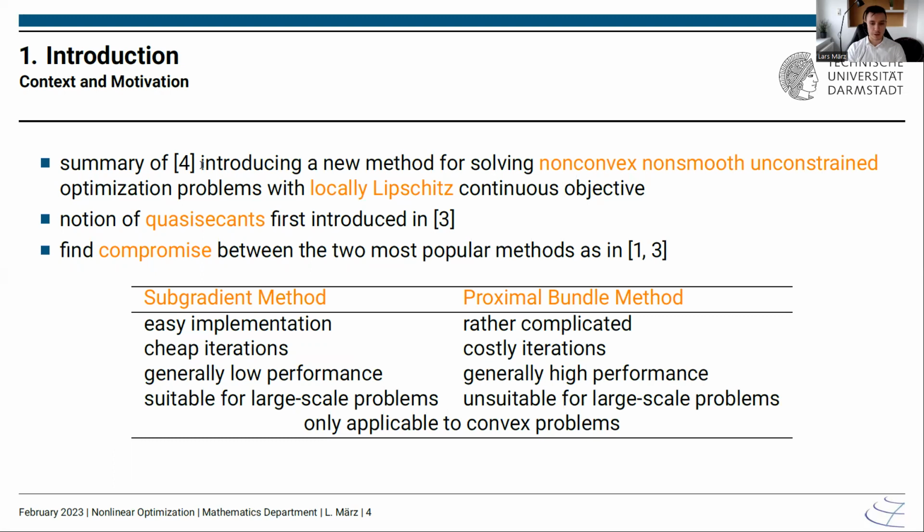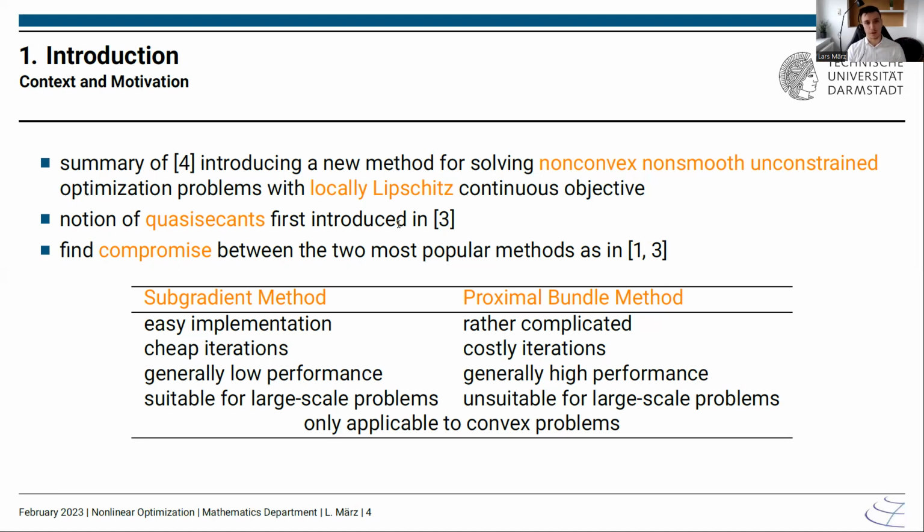The main idea behind it is the notion of quasisecants, which was introduced in this other paper. The objective is to find a compromise between two of the most highly regarded and frequently employed methods right now, namely on the one hand the subgradient method and on the other hand the proximal bundle method.